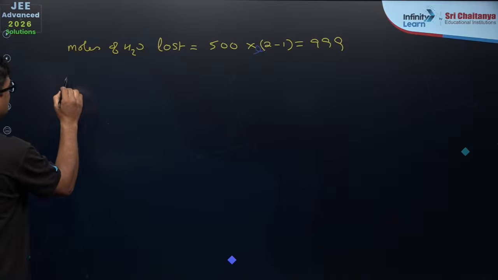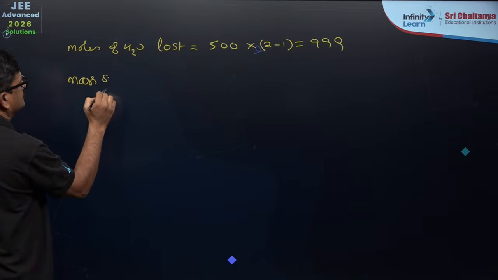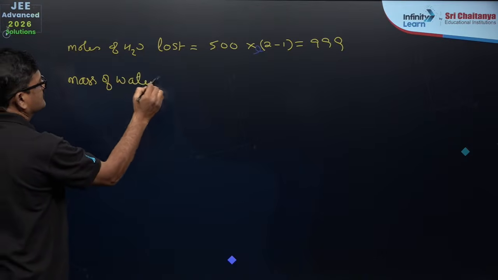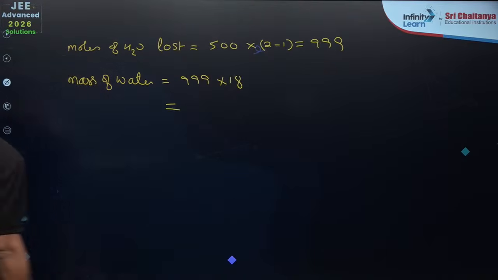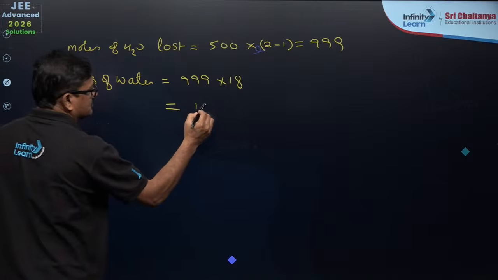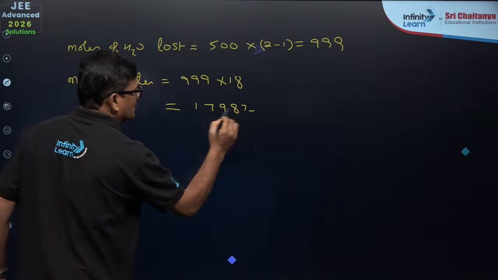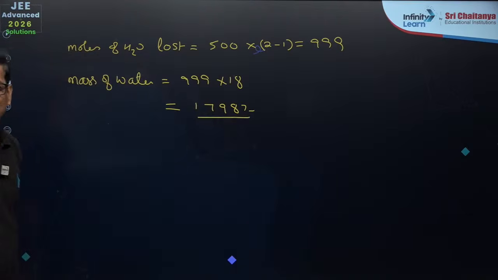And the mass of the water is 999 into 18, and it is coming to be 17,982. So you have almost reached the point.